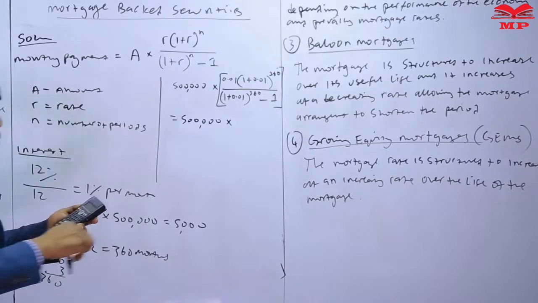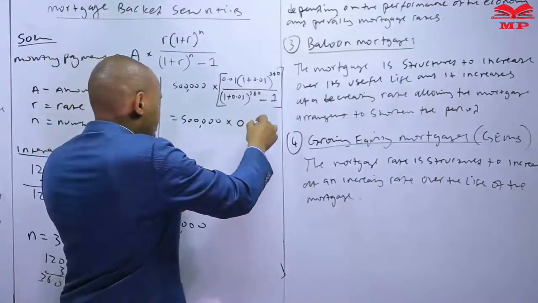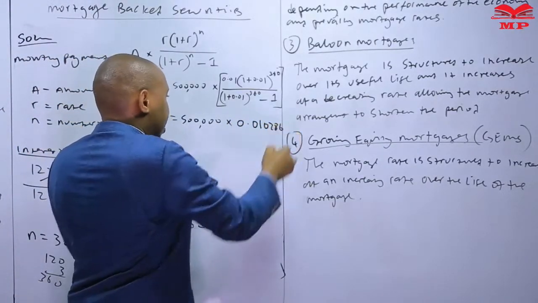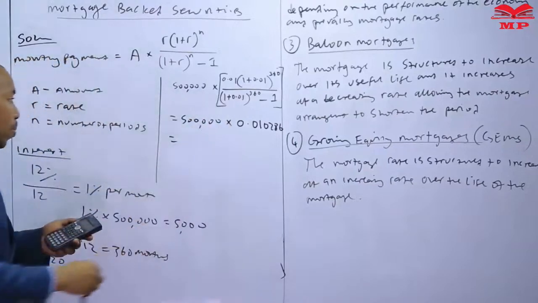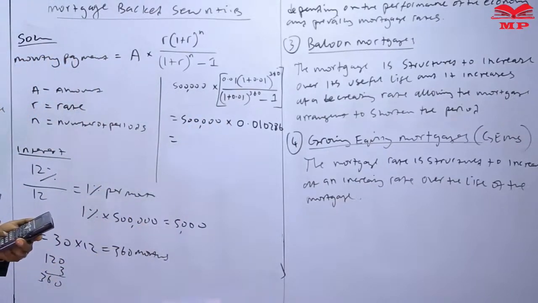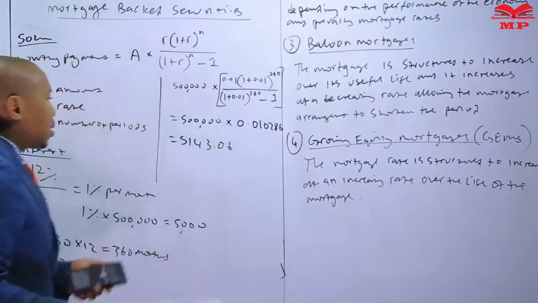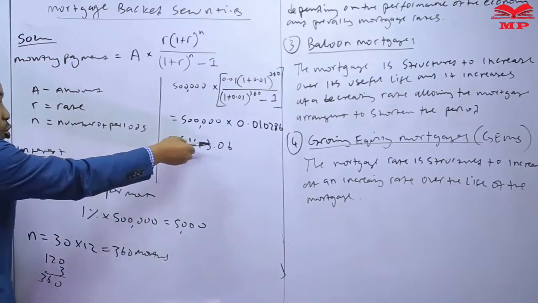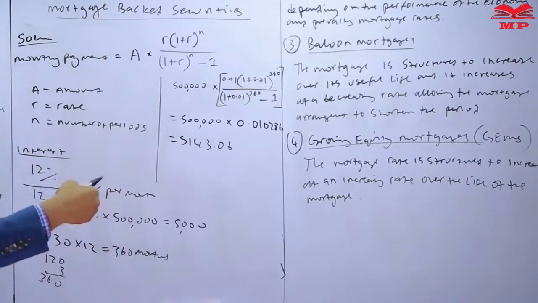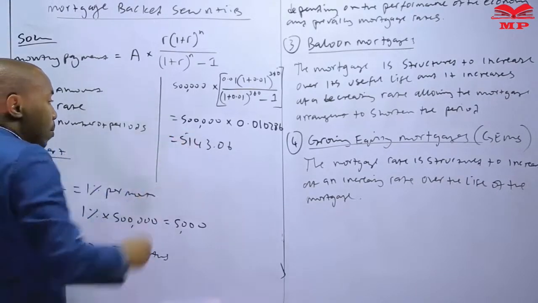We have 0.010286 like that. So now when you multiply that by 500,000, we have 5143.06, 5143.06 like that. Now this is what we're saying is the sequential interest payments that you'll be able to make there.